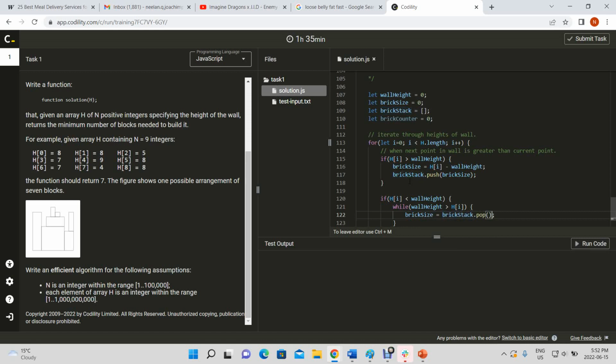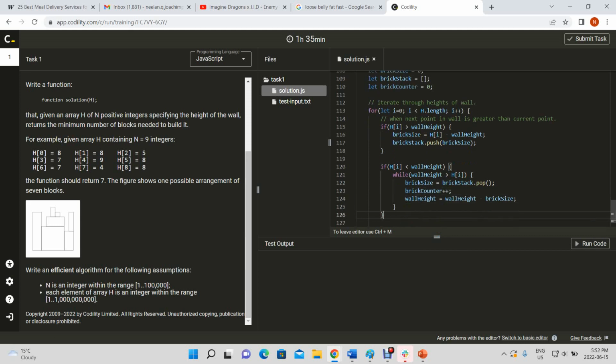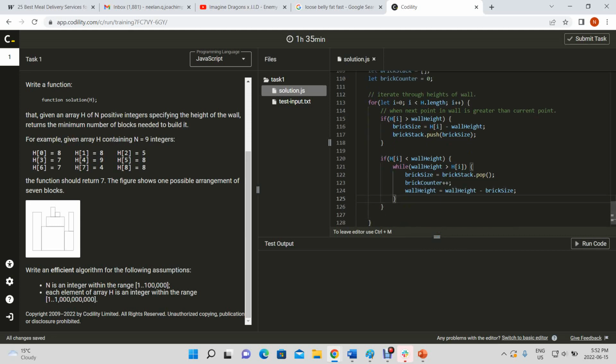Then we're going to recalculate our wall height, right? So wall height will equal wall height minus brick size. So we recalculated it, and because we did a pop, we're also going to increase our brick counter, right? So those are the three conditions that we specified before.